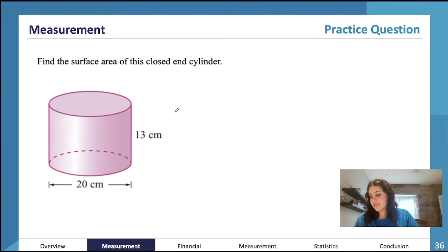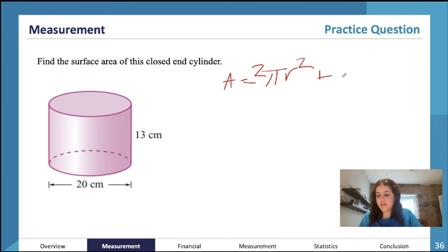Surface area of this closed end cylinder. Okay, closed end cylinder is area equals 2 pi r squared to find our 2 circles plus 2 pi r height. So 2 times pi times our radius.